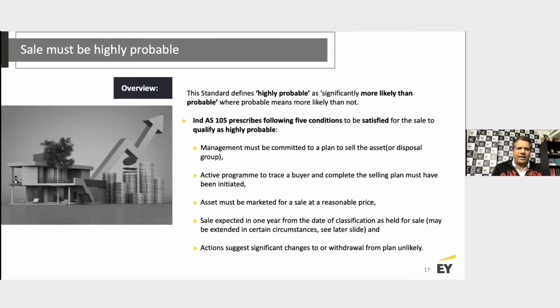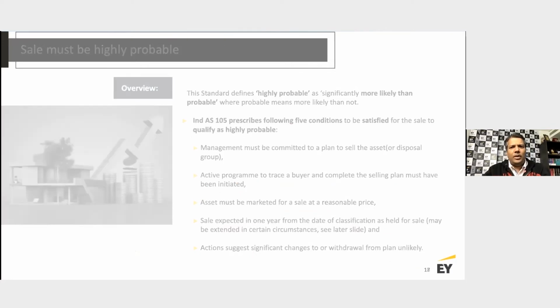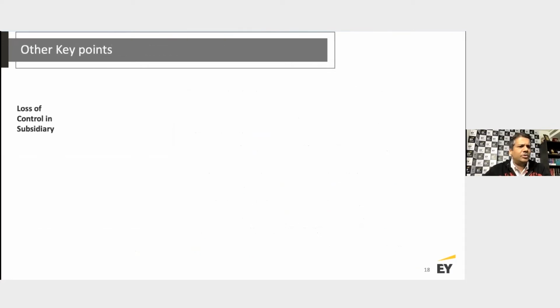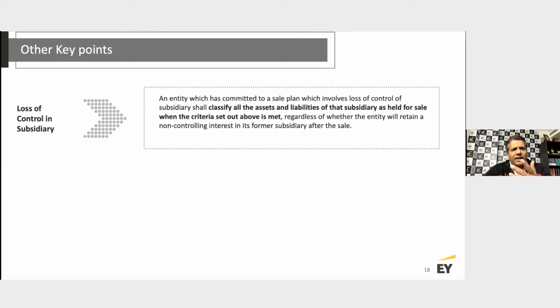All right. Let's look at some of the other relevant points. Now, if you're selling a subsidiary, if there is a loss of control in a subsidiary, an entity which has committed to a sale plan which involves loss of control of a subsidiary shall also classify all the assets and liabilities of that subsidiary as held for sale in the consolidated financial statements, when the criteria set out above is met.